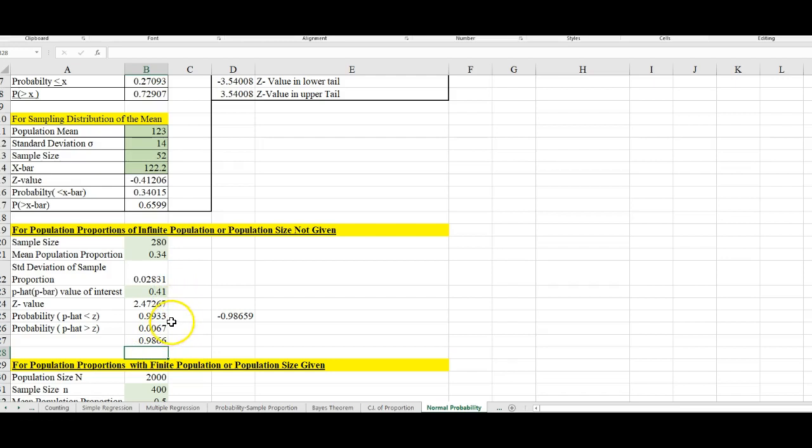So what we have is 0.9933. If we subtract the proportion in the upper tail, 0.0067, the probability of the proportion falling within that interval is 0.9866.